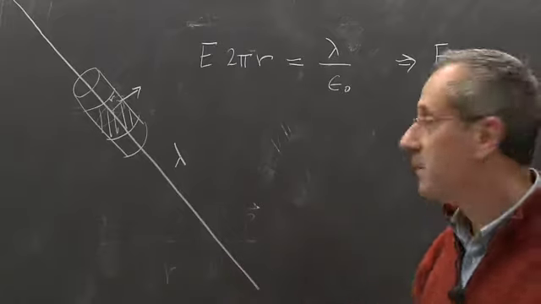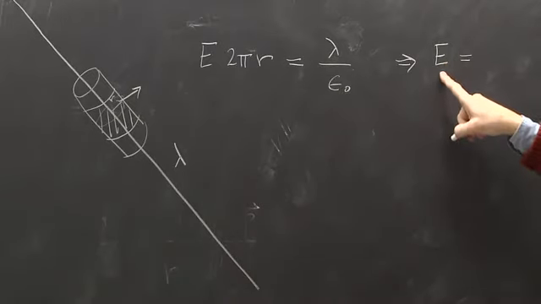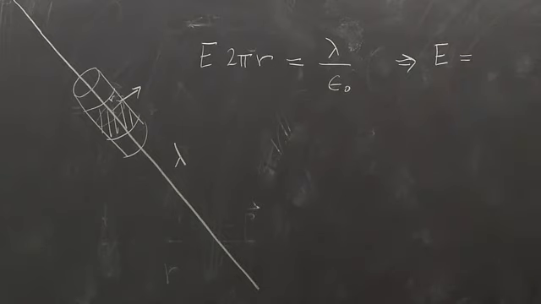And the value of this field is just lambda divided by 2 pi epsilon naught, times 1 over r.